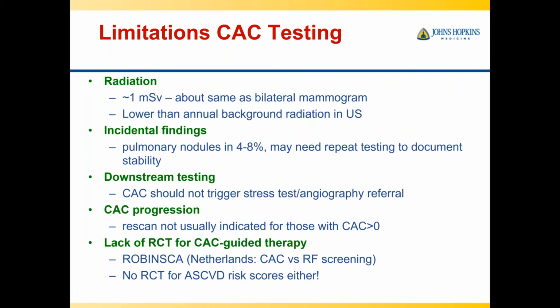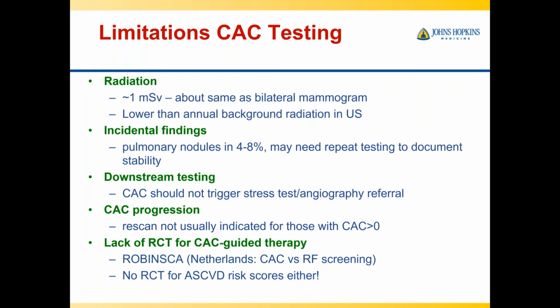Unfortunately, the Fleischner Society guidelines, the last version, has become a little bit more lenient, where if you're low risk, any solid nodules below 6 millimeters don't need follow-up. But if you do find some above that, it might need some workup, and that's the downside. It's important to know what to do with a calcium score. These are asymptomatic people, so a calcium score should not trigger referral to angiography.